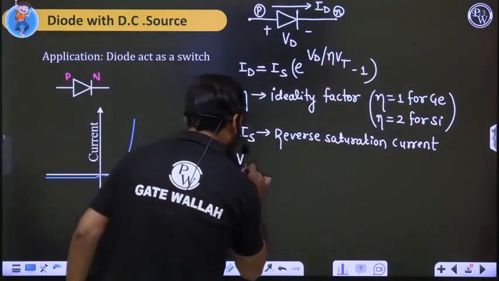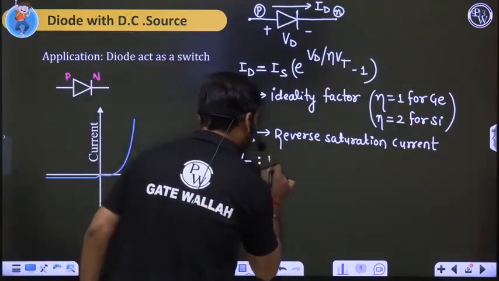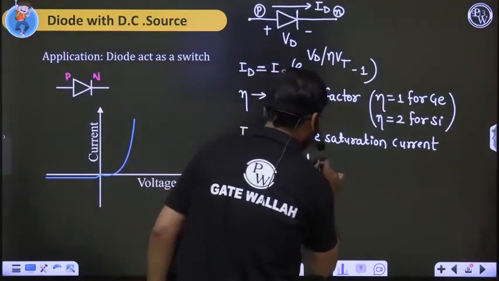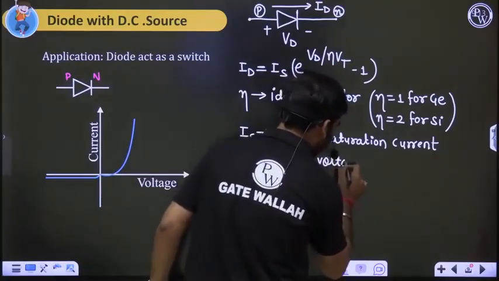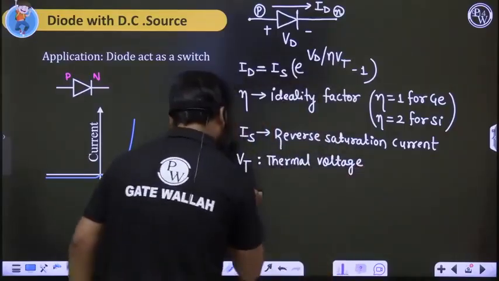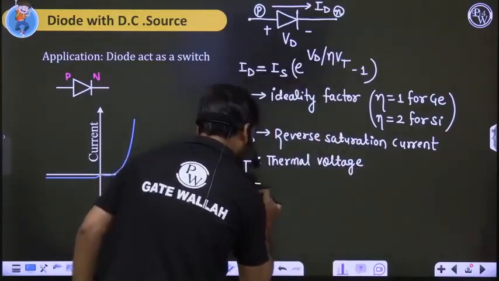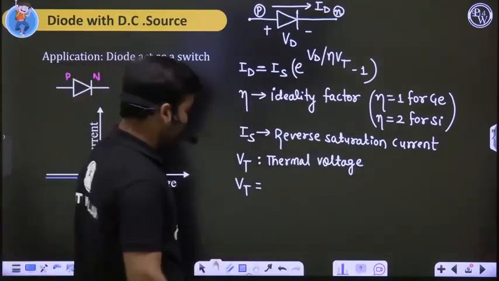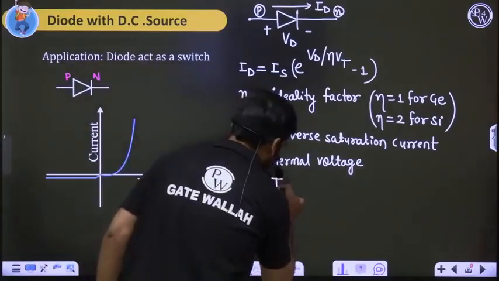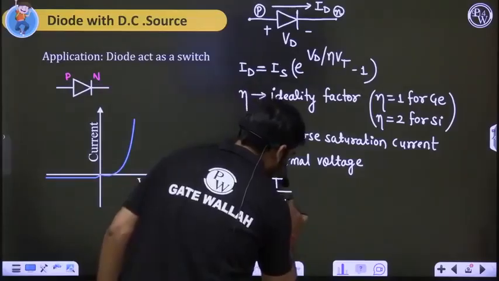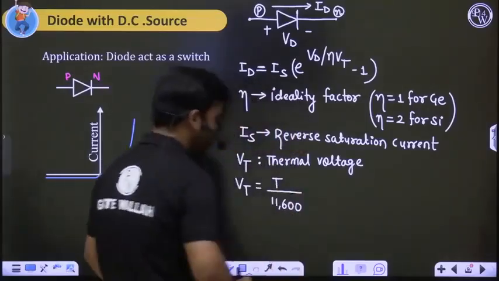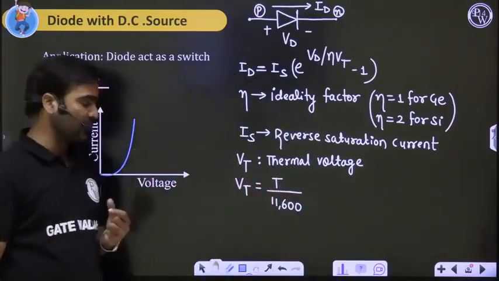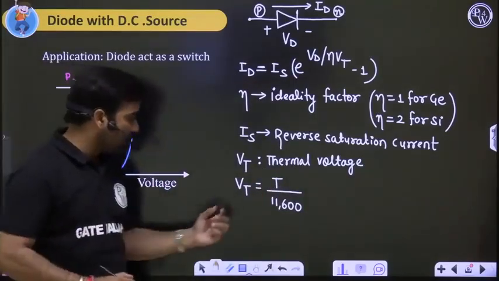Okay, now what is VT? VT is your thermal voltage. And what is the value of VT? The equation for this VT is given by Einstein, that VT is equal to temperature T upon 11,600. Remember this formula. Now the question is, sir, what is this T?